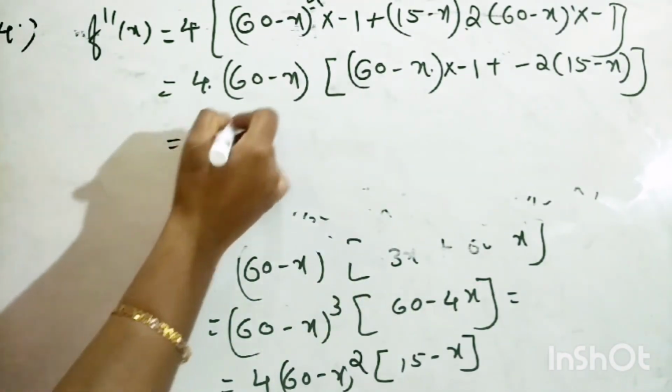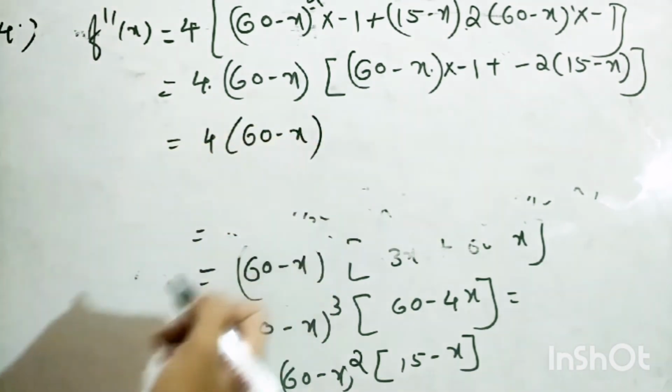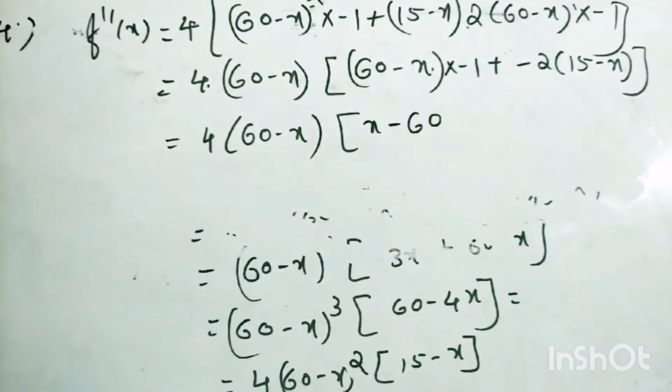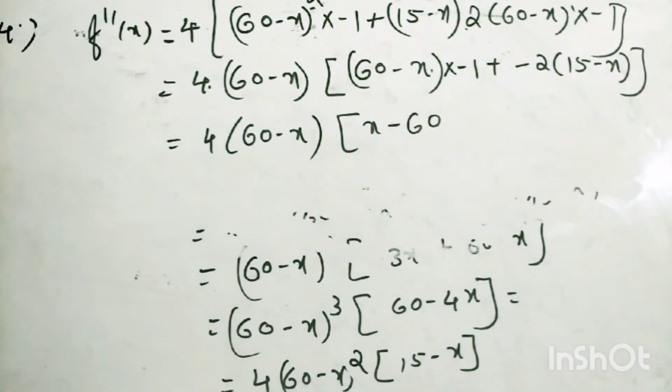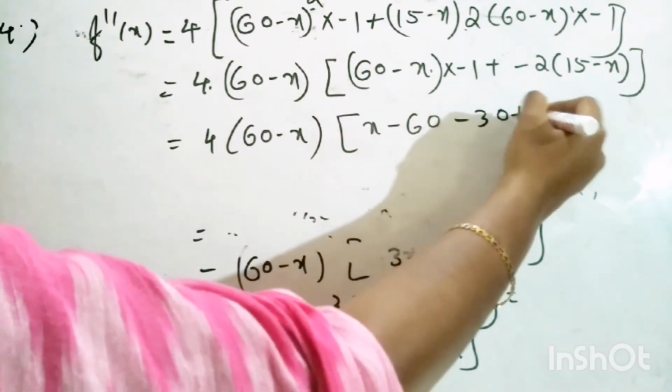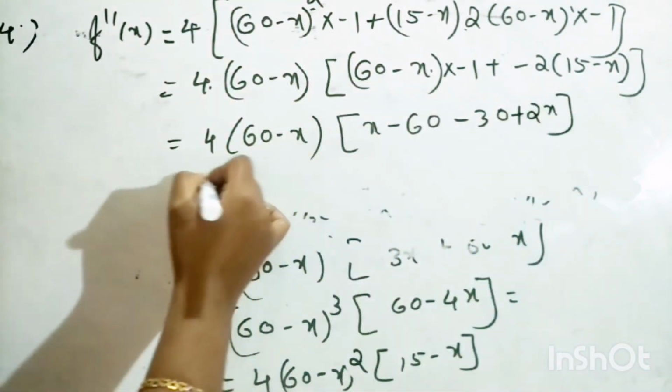This is equal to 4 into (60 - x) into, just multiply it, then it becomes x - 60, and this becomes minus 30 + 2x.